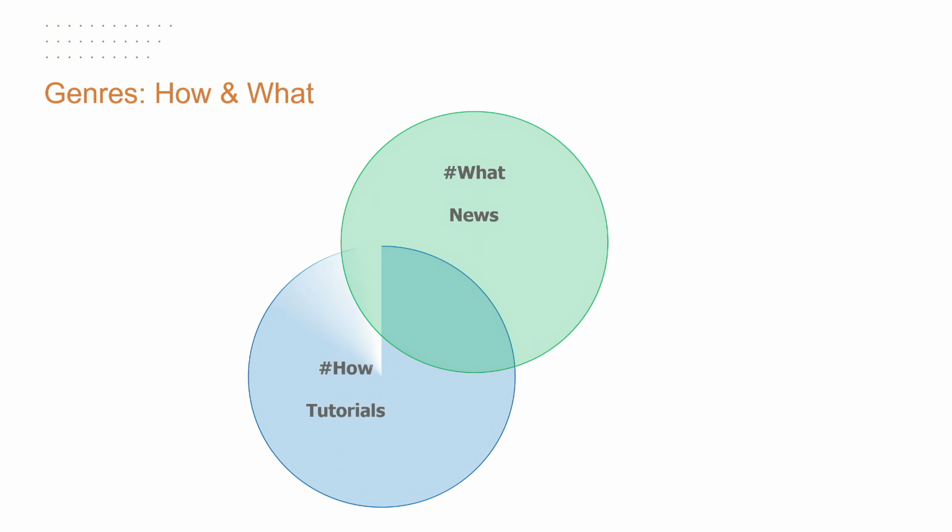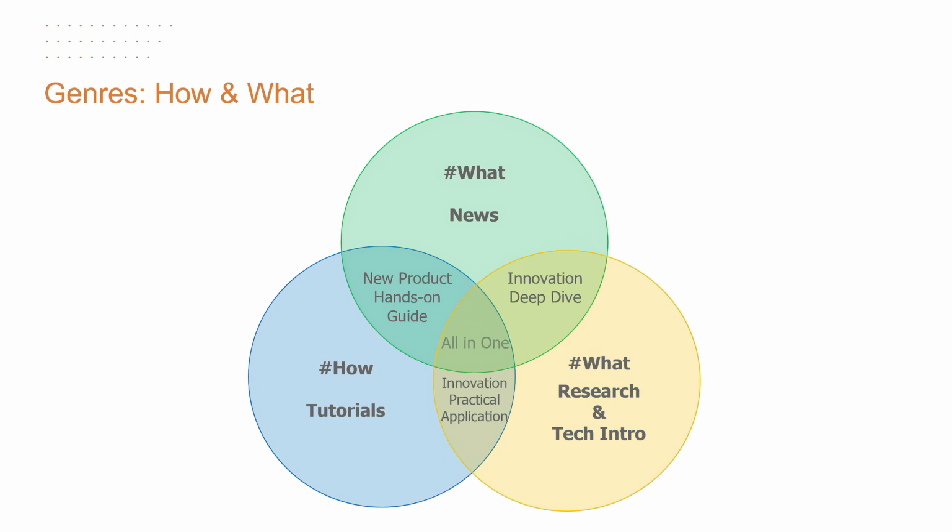Next up, let's talk about the types of articles you can create. I like to split them into two big categories: what and how. To keep it simple, I break it down further into three styles: news, tutorials, and research and tech introductions. These are not just strict boxes. They often mix together.